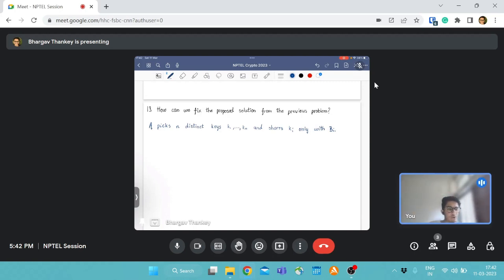Now what would we ideally want to do? Suppose A wants to broadcast. Ideally, it computes the tag Ti using the key Ki.